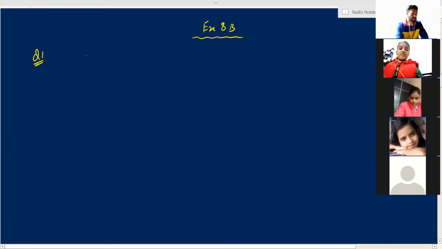Question number 1, we have to show that these four numbers are in proportion. The numbers are 30, 40, 45, and 60. I hope you all will do it a little quickly. So how to show that the numbers are in proportion? We will check that the product of extremes is equal to the product of means or not.